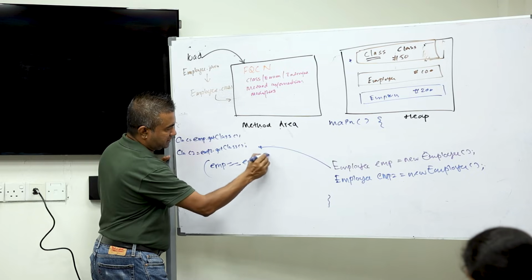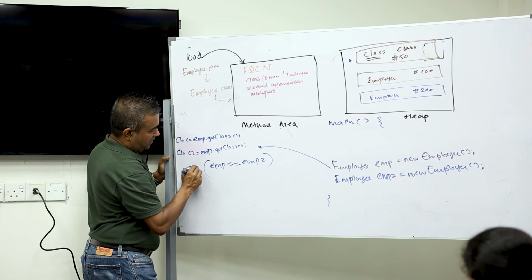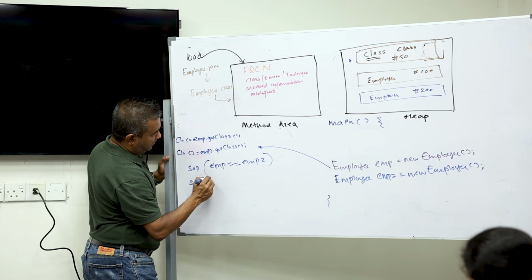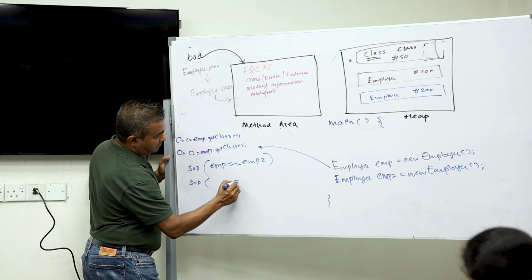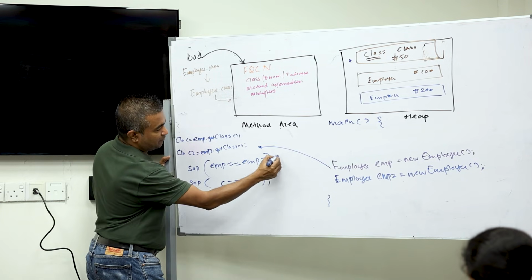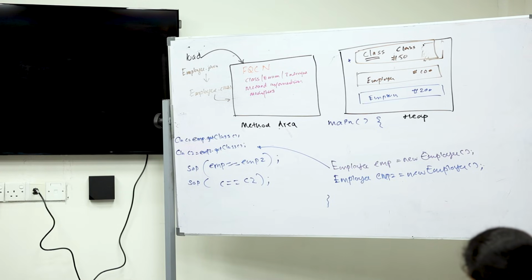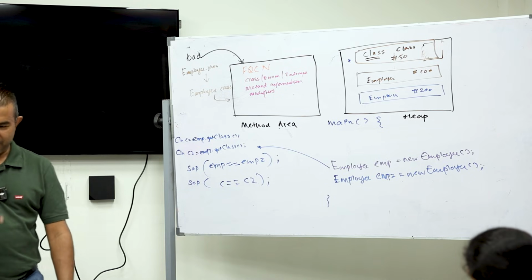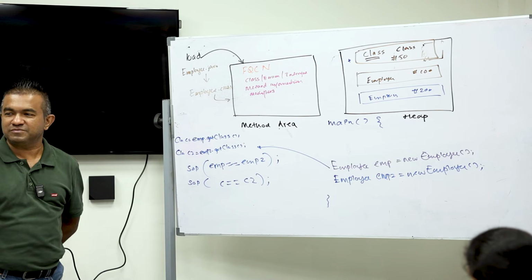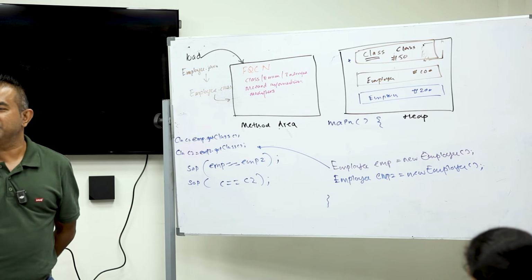We are going to print this, and also we are going to print C equal C2. What will it print? True, true, true, false, false, true, or false, false? False, true.